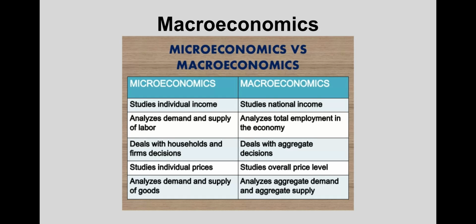Do we want to study overall price levels? All right. Take a look at the overall price over history. What's happened to a gallon of gasoline? What's happened to the price of a loaf of bread, and so on. Economists call that a market basket. And then again, with demand and supply, now they're looking at the big picture.